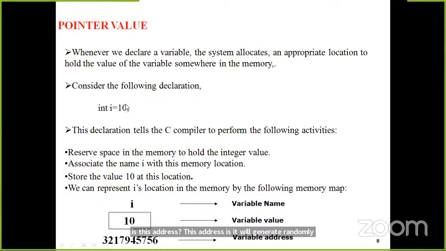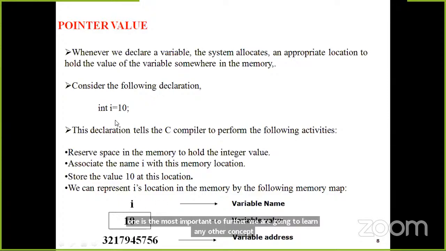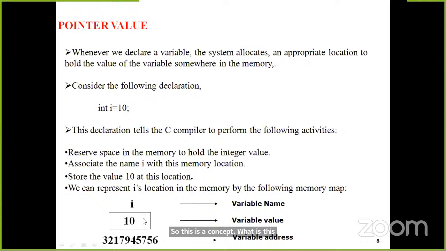In the variable i, there is a memory partition it occupies, and it will store the value 10. You have to remember this, as it is the most important concept for learning any further concepts. What is i? i is nothing but a variable name. And 10 is a variable value. And what is this 321794 and all those things?